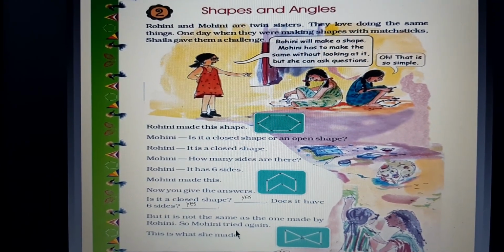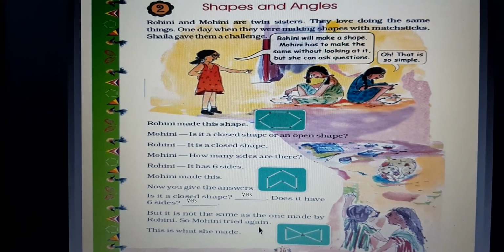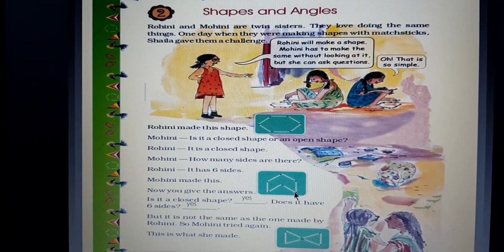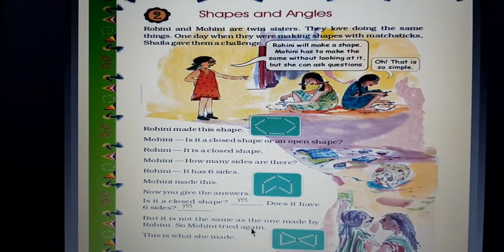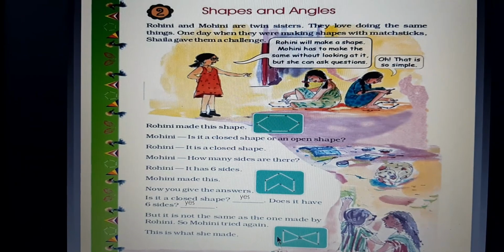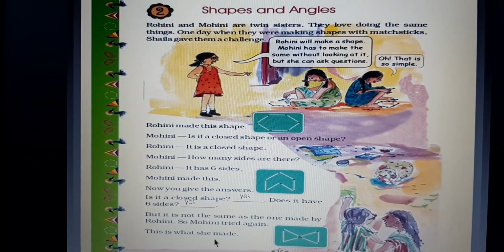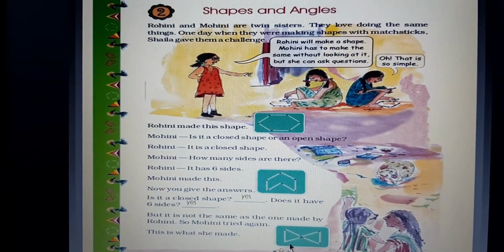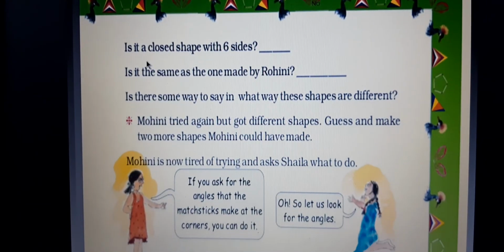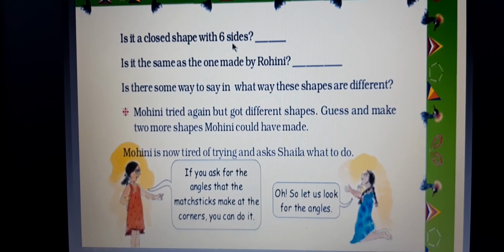So Mohini tried again. Shaila was correcting them: it is not the same as Rohini's. Mohini tried one more time. This is what she made. She asked again. Right, now we'll see the next conversation here. It is a closed shape with six sides.